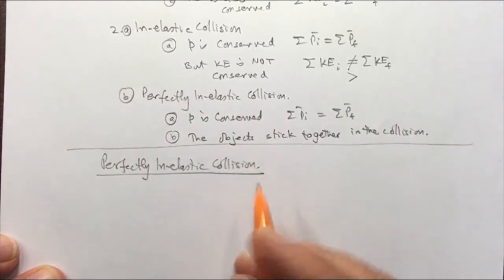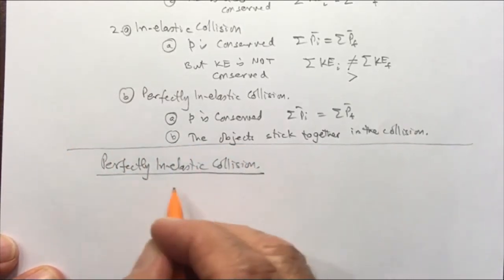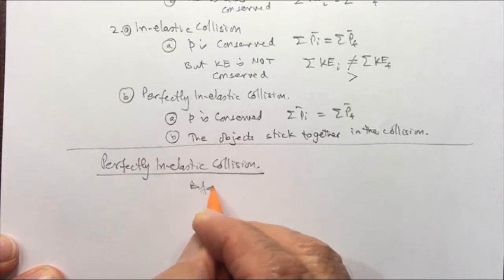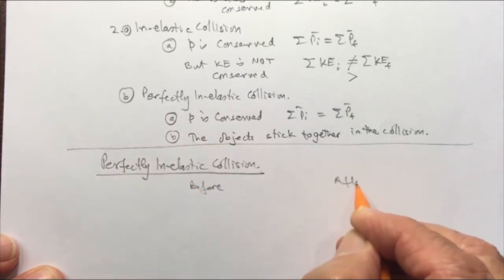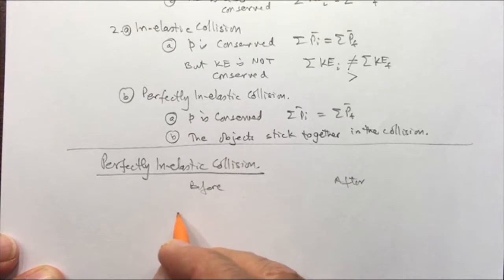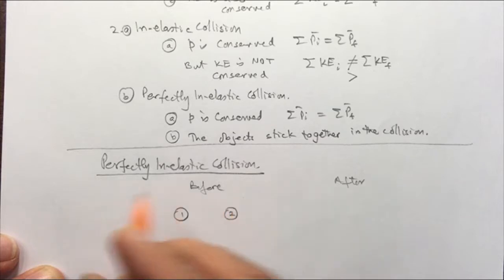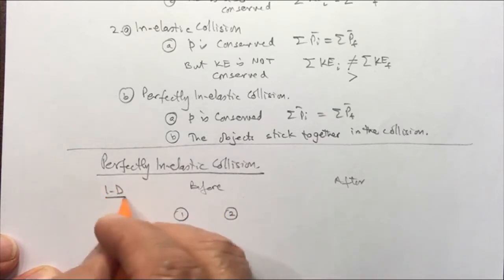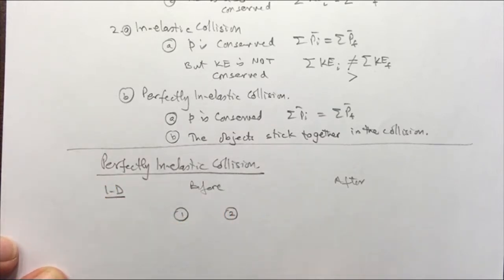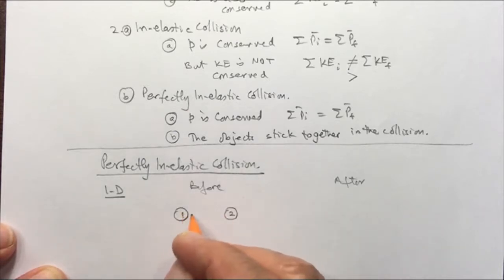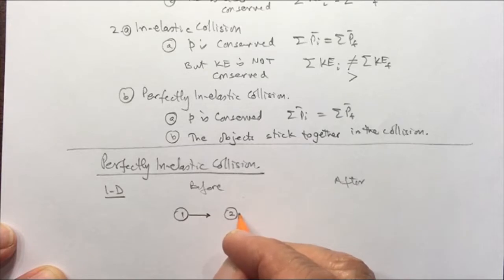Now, in this case, we have the conditions before and after the collision. Before the collision, we have object 1 and object 2. And let's consider one-dimensional so that we keep it a little easy for now. Object 1 is moving with a velocity to the right, and let's assume object 2 is also moving with a velocity to the right, but smaller, so that 1 can go and hit number 2.